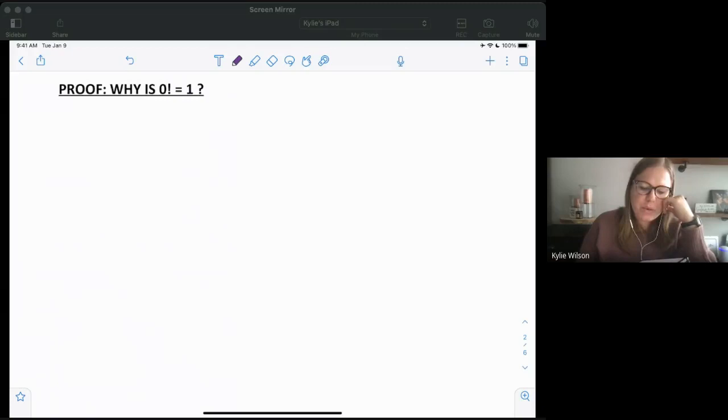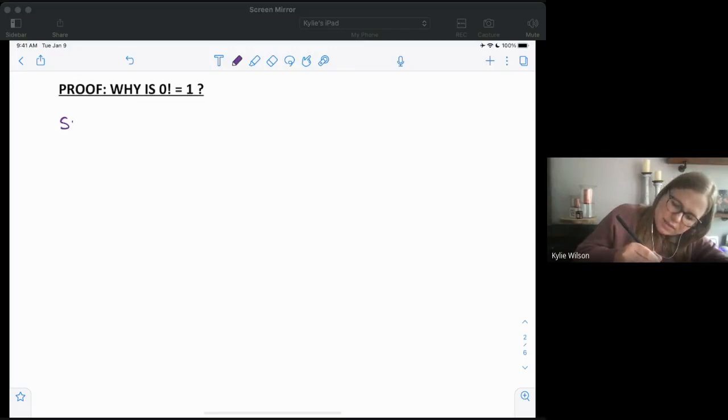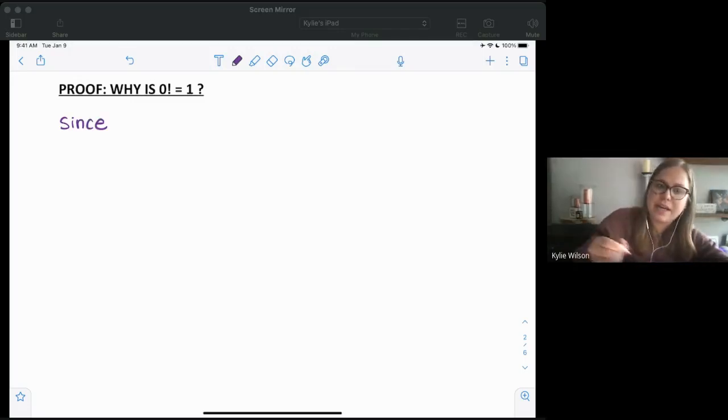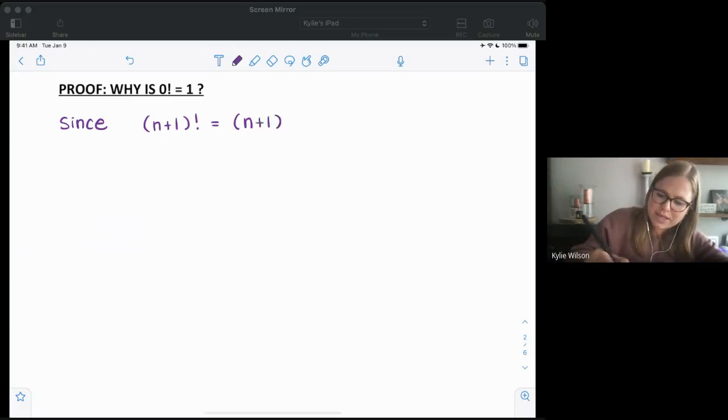So what we want to show is that 0 factorial is equal to 1. So let's just write out a few pieces that we know about factorials just to get some usable equations and some things that we could sub in. This one has a bit of a trick to it, but n plus 1 factorial is equal to n plus 1 times n plus 1 minus 1 factorial.